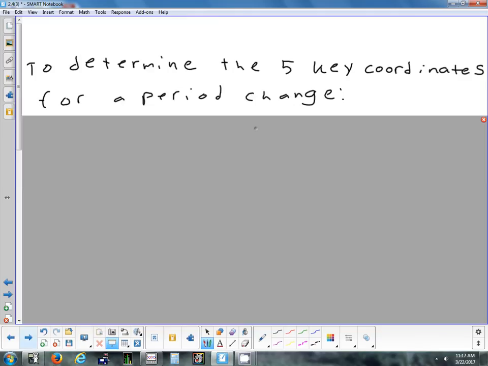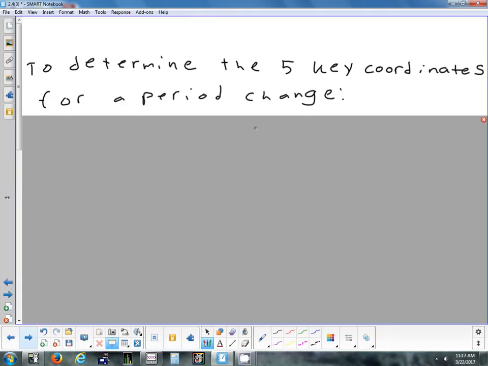All right, so last thing we have to know before we can make a sketch is we've got to figure out where the 5 points in the original table are going to move to. One column always is going to stay the same. For a period change, which column would stay the same?